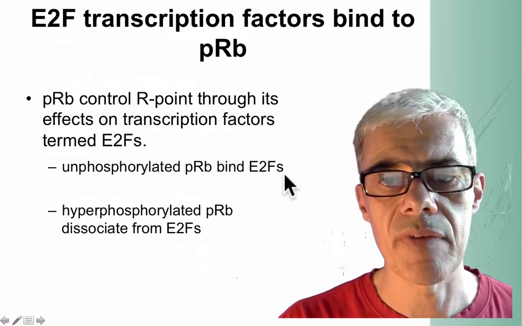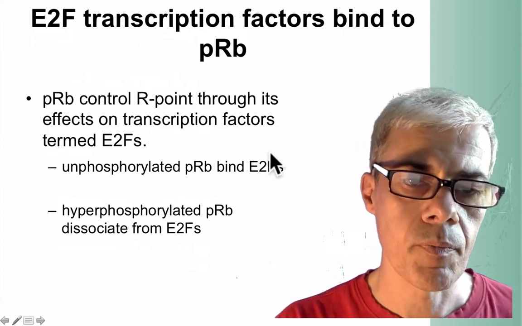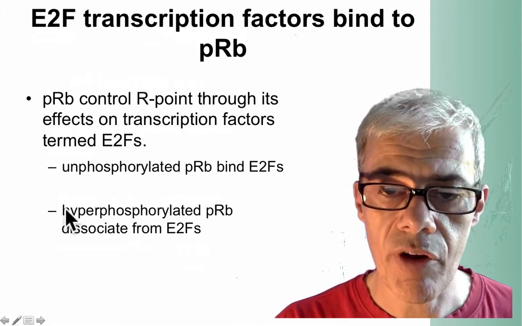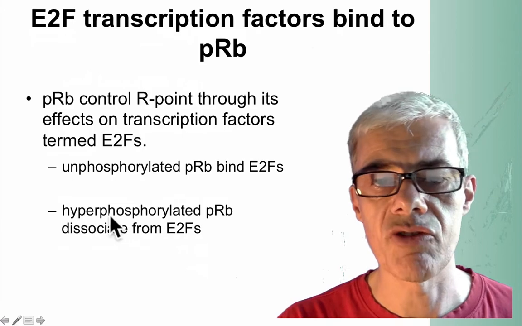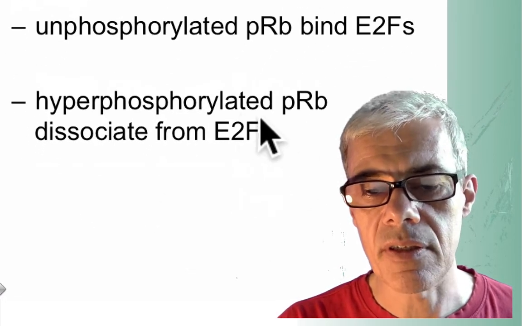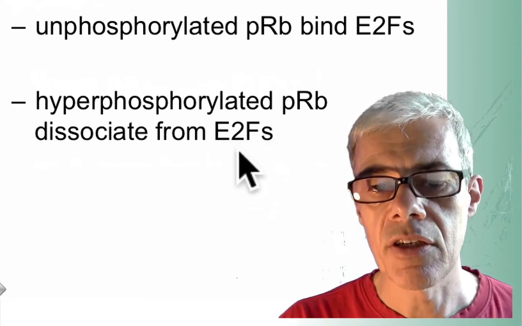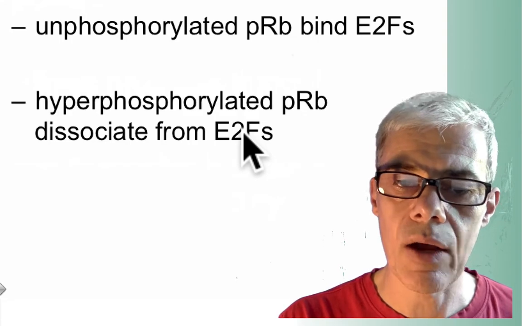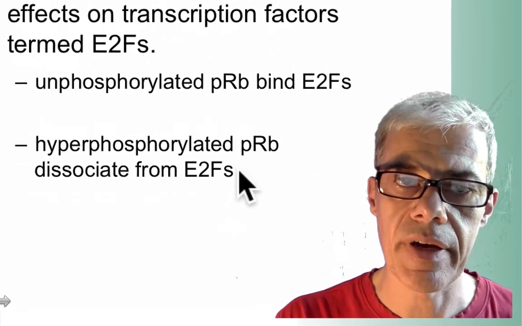And when retinoblastoma is hyperphosphorylated, it dissociates from these transcription factors. Then these transcription factors, in the absence of retinoblastoma, turn on genes required for DNA synthesis and therefore allow the cells to enter S phase.